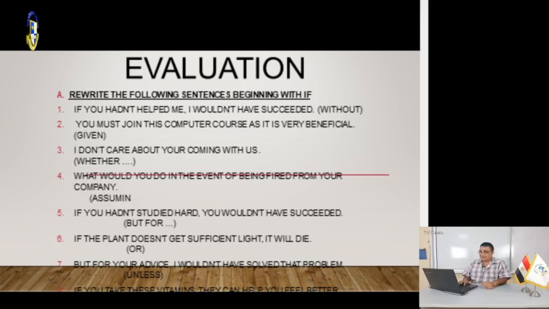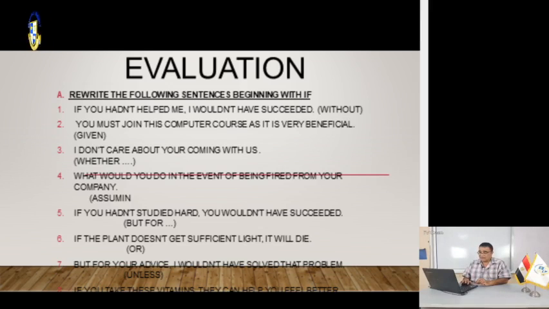Look at the third sentence. I don't care about your coming with me. Whether, you remember, whether or not. Whether you come with me or not is not important. It's something I don't care about.